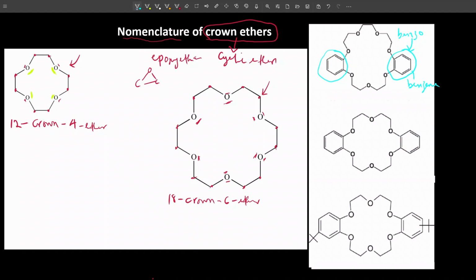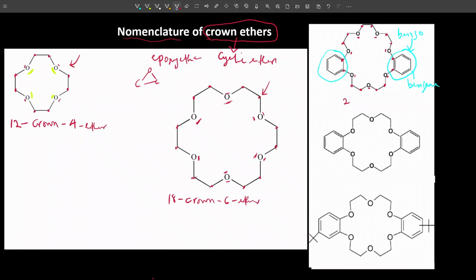Let us name the crown ether. How do we name the crown ether again? We count the number of atoms that form the crown ether. We have 1, 2, 3, 4, 5, 6, 7, 8, 9, 10, 11, 12, 13, 14, 15, 16, 17, 18, 19, 20, 21.